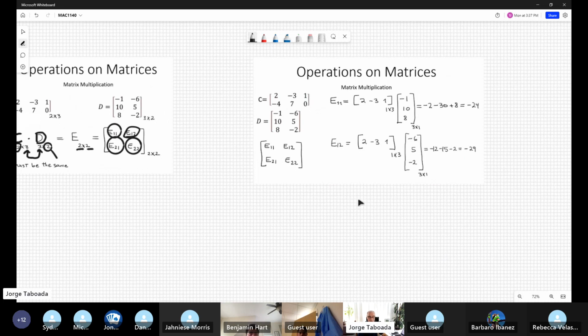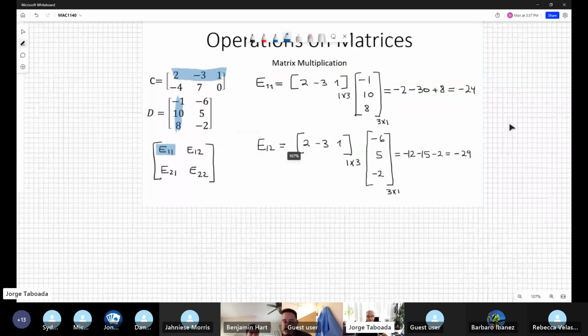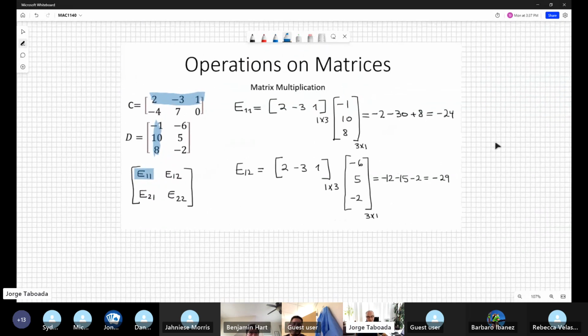I realize that the new matrix is 2 by 2. To find that value, E11, you multiply the row of the first times the column of the second. I try to illustrate it with a matrix to understand much better.